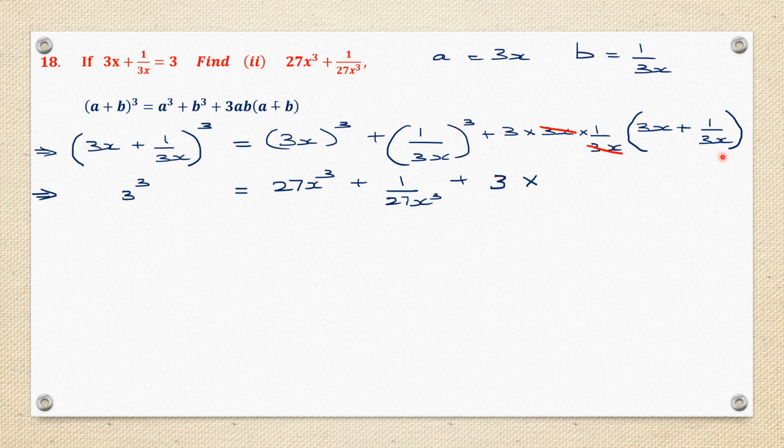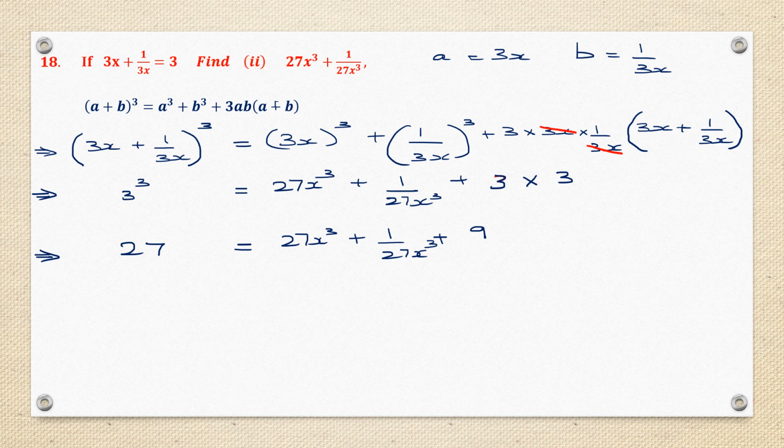3x plus 1 by 3x is given to us. That is equal to 3. So we can put 3 here into 3. Now further simplification, 3 cube, 3 threes are 9, 9 threes are 27. That is equal to 27x cube plus 1 by 27x cube plus 3 threes are 9. Now this is the same as the question that we are supposed to find out.